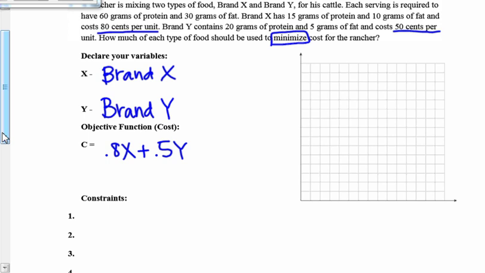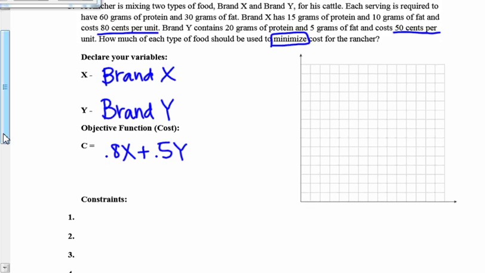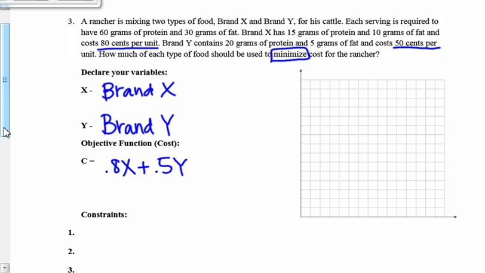Okay. So the rancher's mixing types of food with protein and fat. Each serving is required to have 60 grams of protein and 30 grams of fat. And then brand X has a certain amount of protein and fat, and brand Y has a certain amount of protein and fat. So I'm basically going to see what is the ratio of mixing that I can have for this food for the cattle.